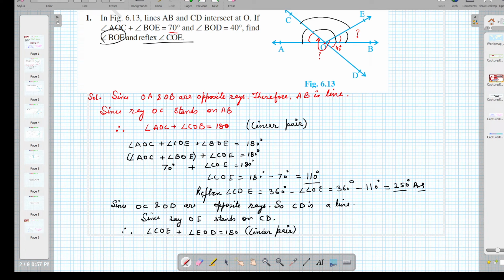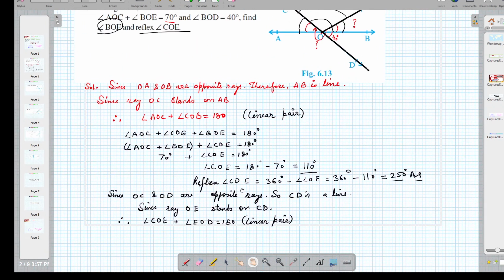Because now we are talking about this line, and this other line stands on it. So this angle and this angle will make 180 degrees. Further we are proceeding.